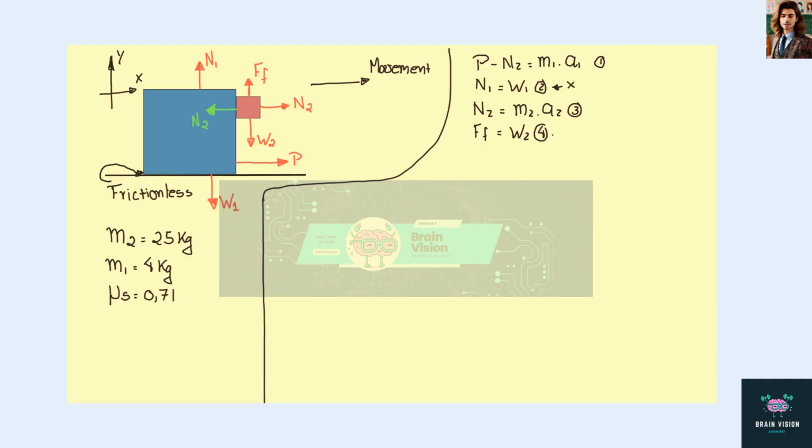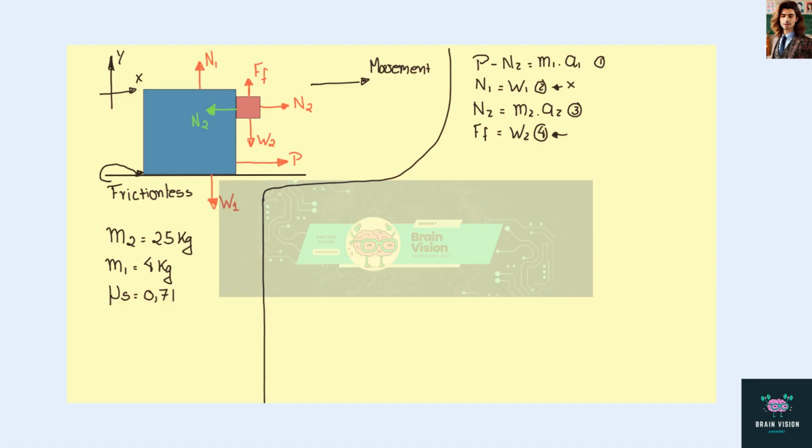And there also seems to be no relation between equation number 4 and the force P, but this is not the case. Because when P is the smallest possible, the friction force must be the biggest possible. Therefore, we must be working with the biggest possible frictional force, which in the static situation has a relation with the normal force.